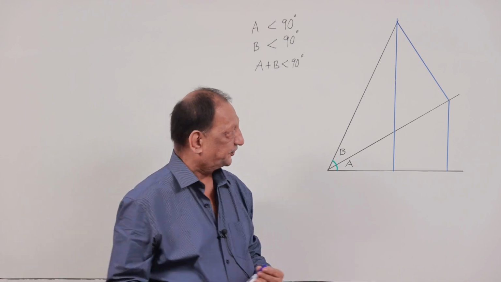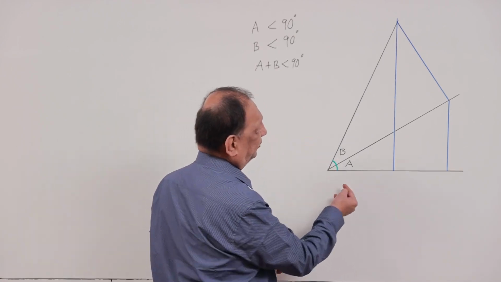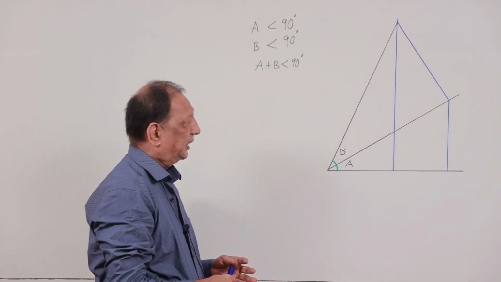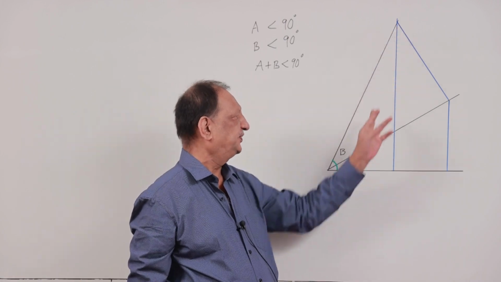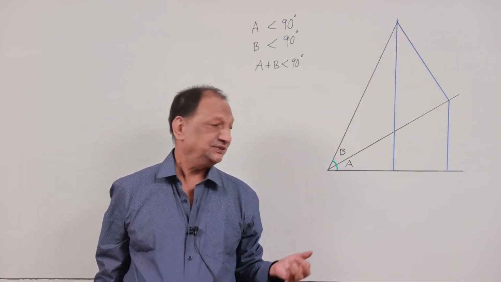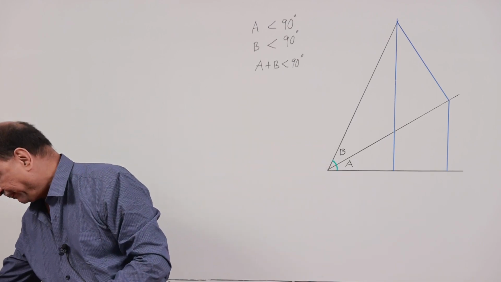Correct? That's right. Now, if you look at sin of A plus B to start with, you find that is the opposite side by hypotenuse, correct? Now, our opposite side is equal to hypotenuse multiplied by sine of A plus B. That also you can think of it like that.